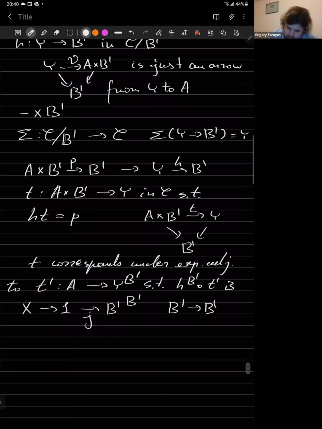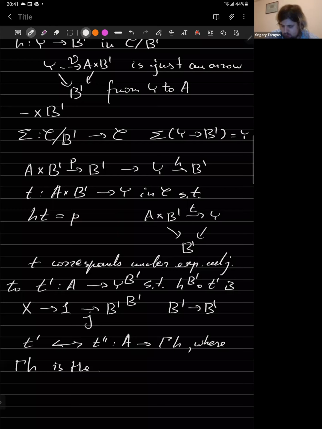So the arrow T prime in turn corresponds under pullbacks to T double prime from A to gamma H, where gamma H is the pullback of the following form.